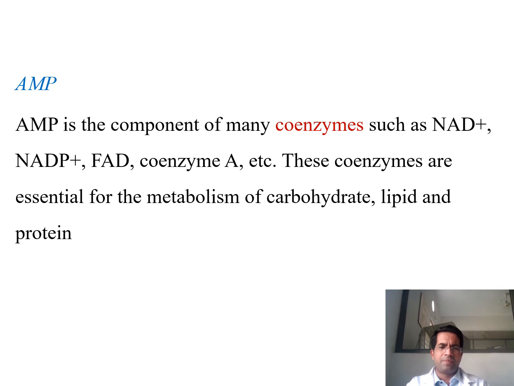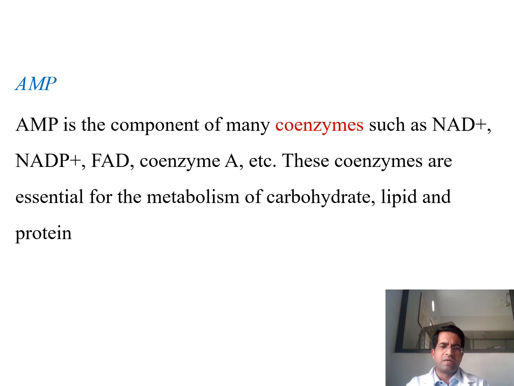Next is AMP, adenosine monophosphate. It is a component of many coenzymes such as NAD, NADP, FAD, and coenzyme A. NAD means nicotinamide adenine dinucleotide. NAD is a coenzyme form of vitamin B3, that is niacin.